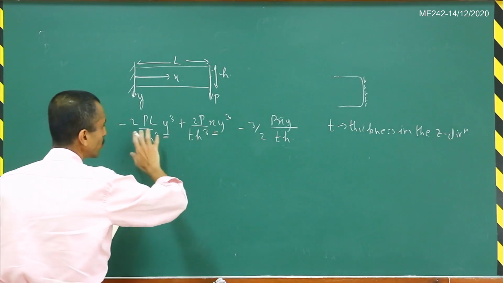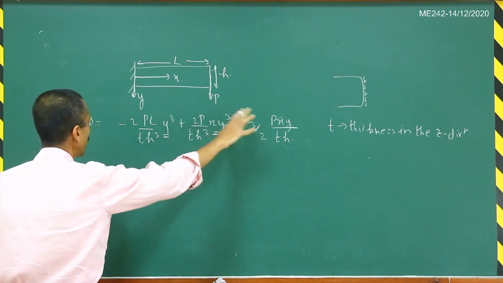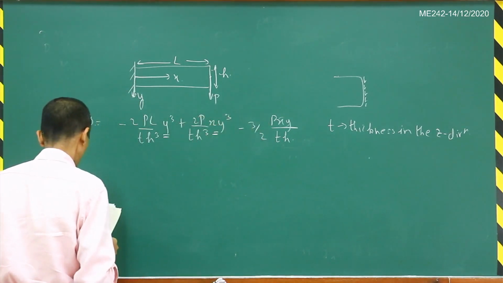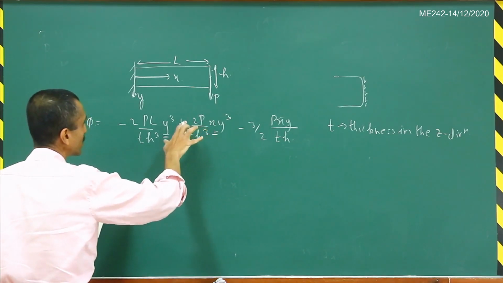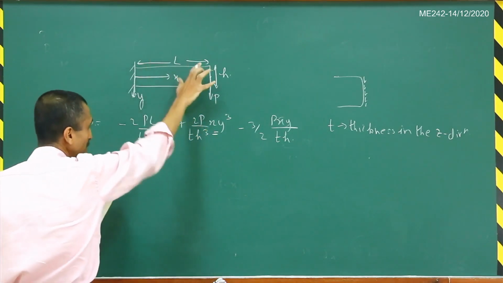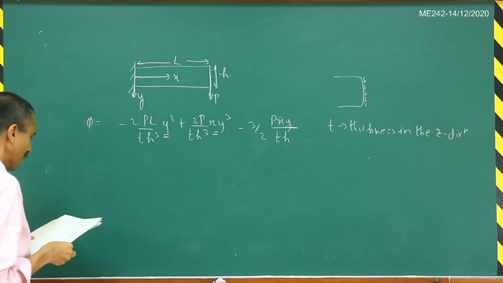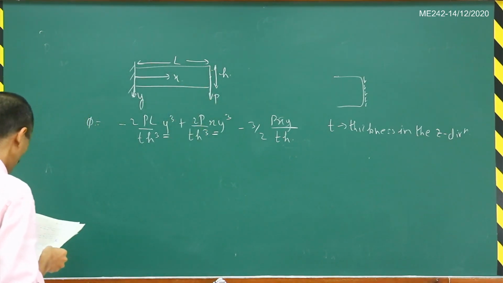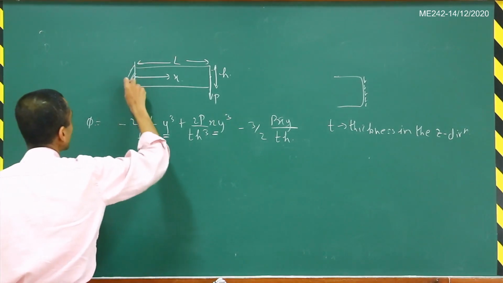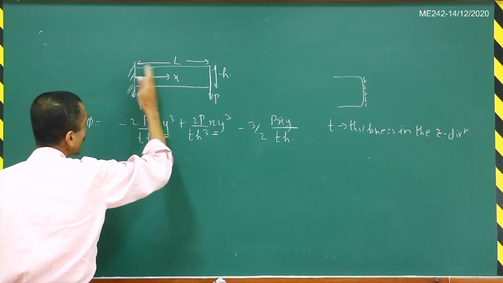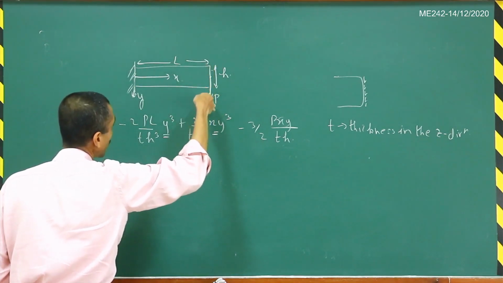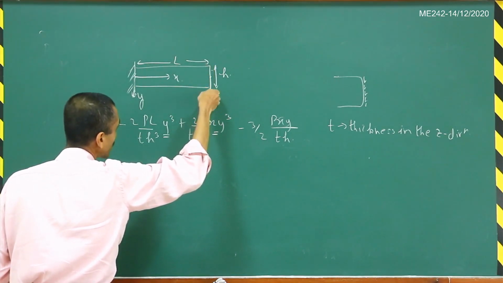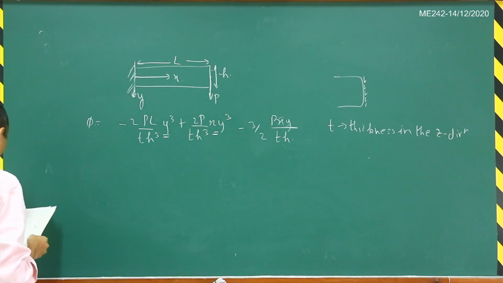Using this trial and error process, we have now figured out what this Airy stress function is. And now I want to find out whether this is the appropriate Airy stress function for this particular problem. So we'll take it that this particular end of the beam is fixed, and the right end is subjected to some traction loading, which results in this load P. Fine.